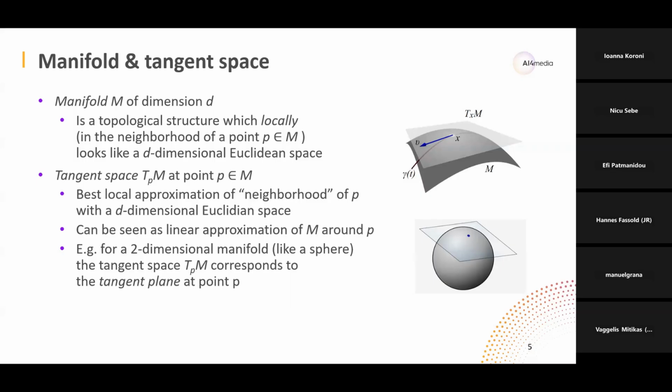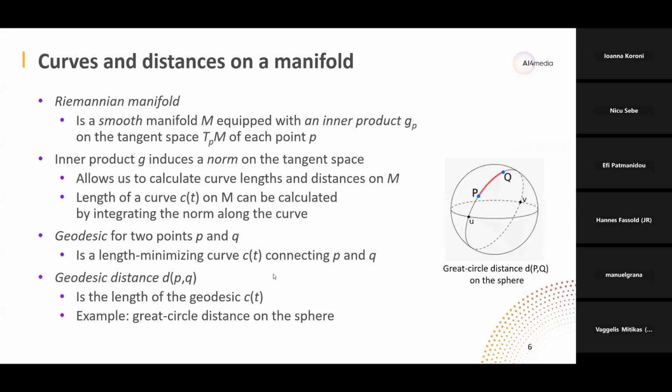It can be seen as a linear approximation of the manifold M around this point P. And for a two-dimensional manifold like a sphere, the tangent space T_P M corresponds to the tangent plane at the point P, which you can see at the right side in these two graphs. So I think that's quite easy to grasp.